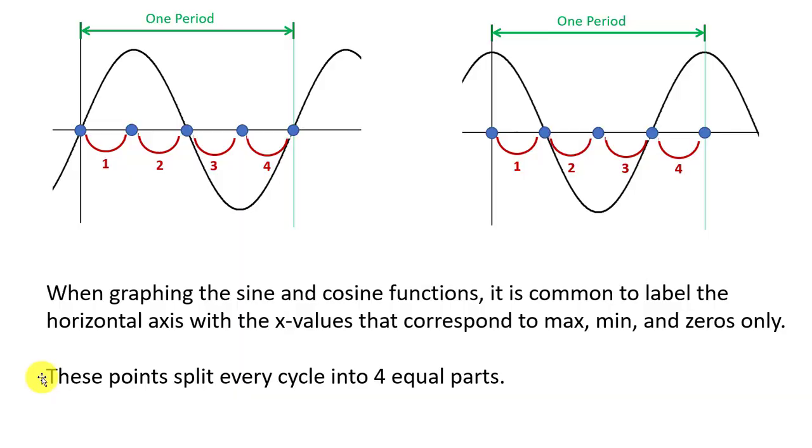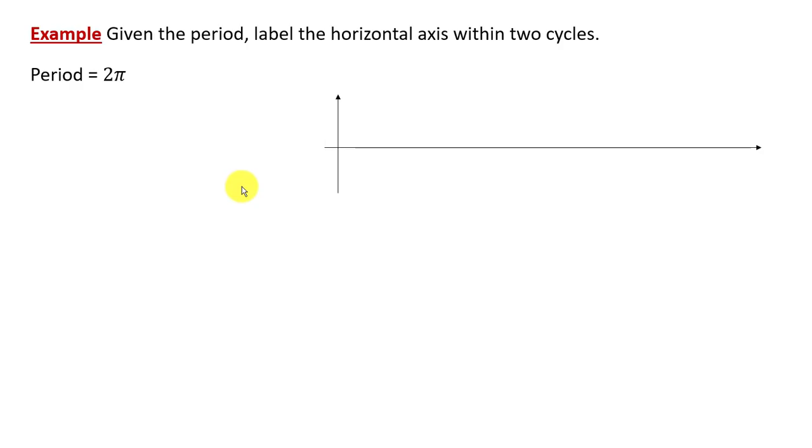Let's practice this. First, let's just practice labeling the horizontal axis. Because once we learn how to do that, the other steps of graphing the sine and cosine functions are very easy. So we're given period 2 pi, and we need to label the horizontal axis within 2 cycles. Now this is how I'm going to think about this question.